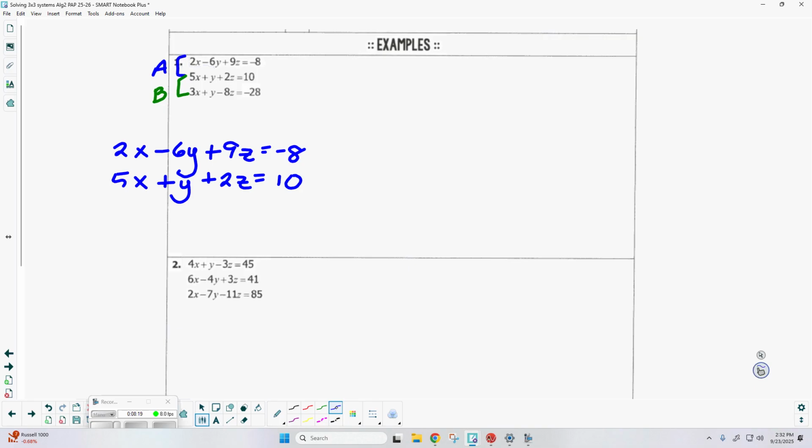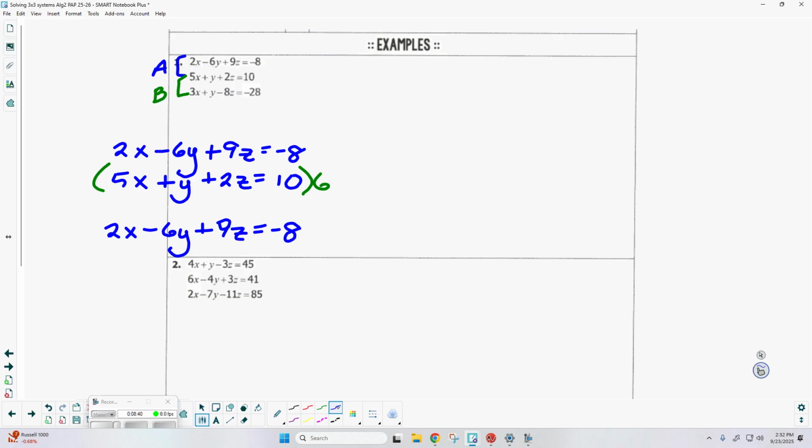If I want to eliminate the y's, an easy way to do that, what if I just multiplied the second equation through by 6? So I'm going to have 2x minus 6y plus 9z is equal to negative 8.